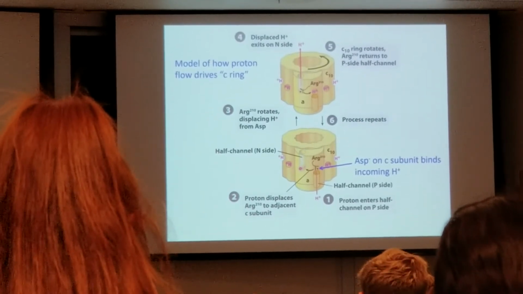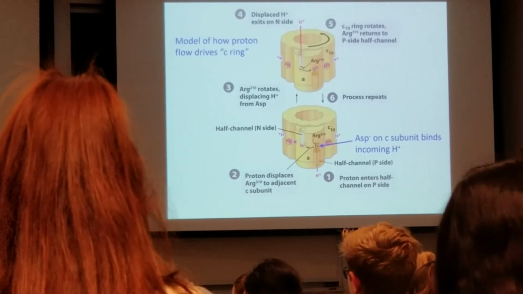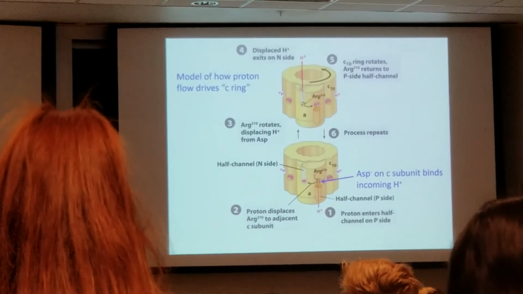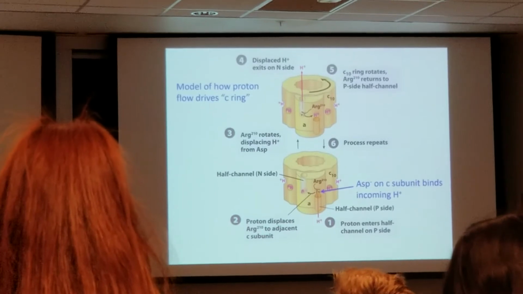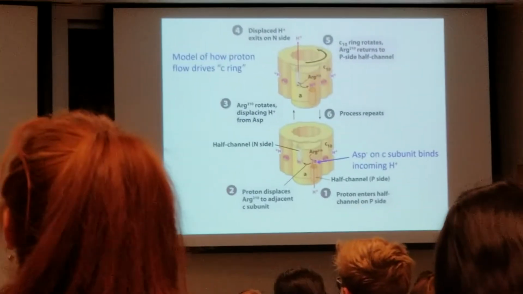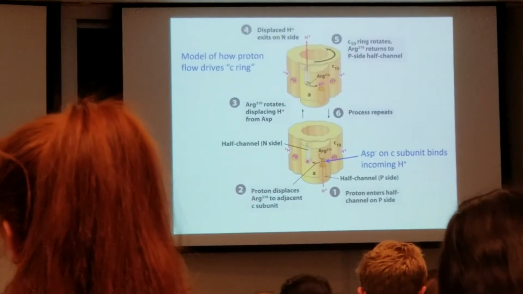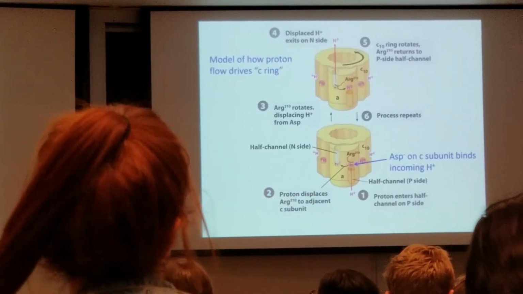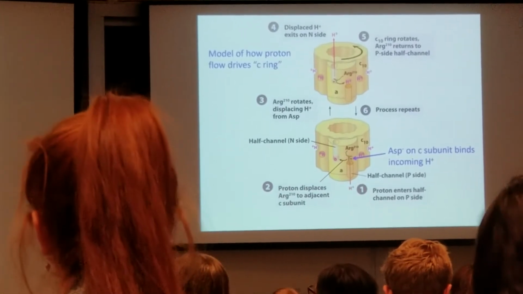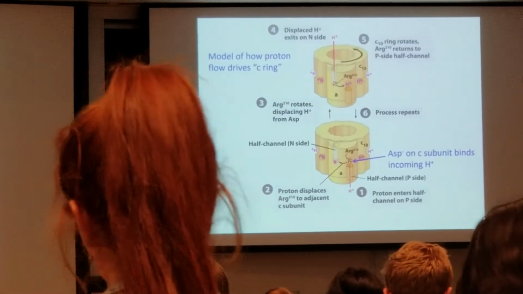The last thing that the arginine is doing is that once that proton leaves, that leaves behind a C with a negative aspartate, so it's an aspartate minus. Well, in that short distance that it has to go from the exit channel to the inlet channel, that would be thermodynamically not allowed.